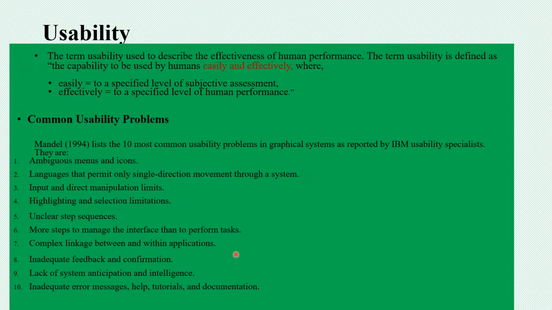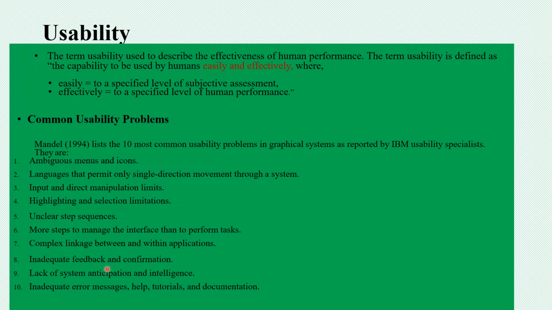That is, the application might have too many links, exceeding 30 to 40 links within a page or within the applications. Inadequate feedback and confirmation. So this is also one of the usability problems. Whenever we are using any application or software, the user should be given proper feedback and confirmation.